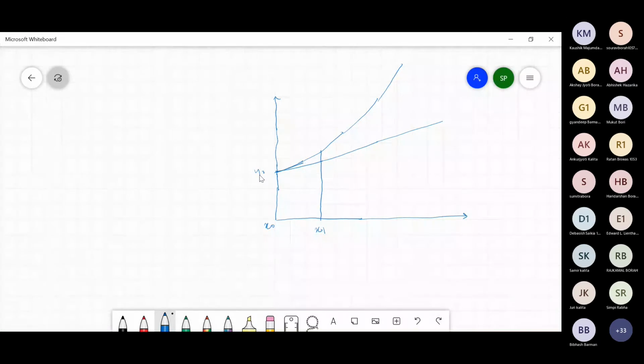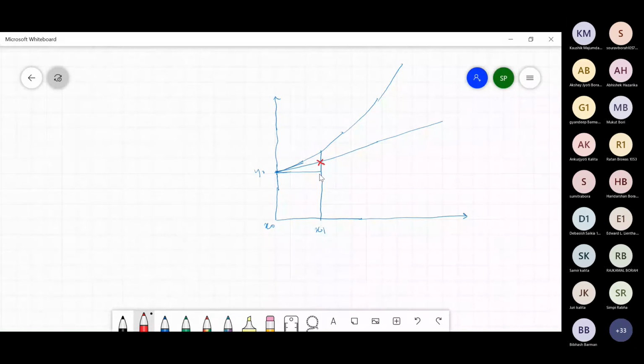Now, this is your new y1 value by this method, Euler's method, isn't it? By the original Euler's method, this is your y1 value, up to this much.